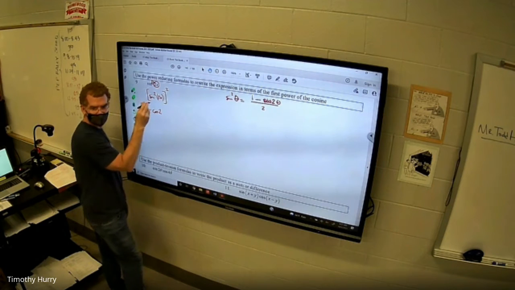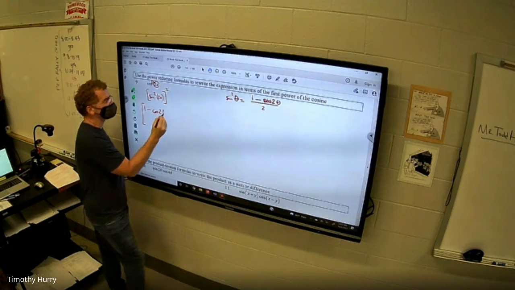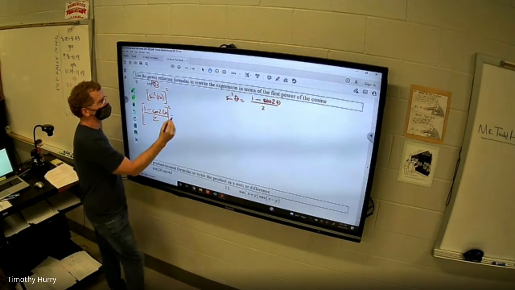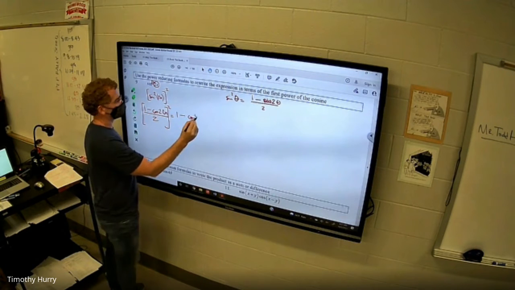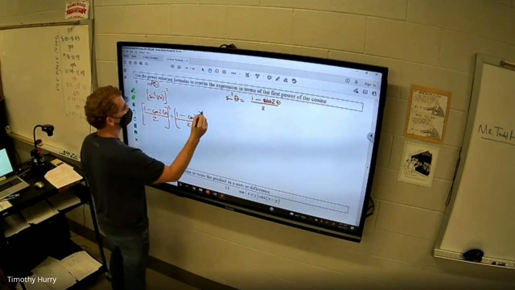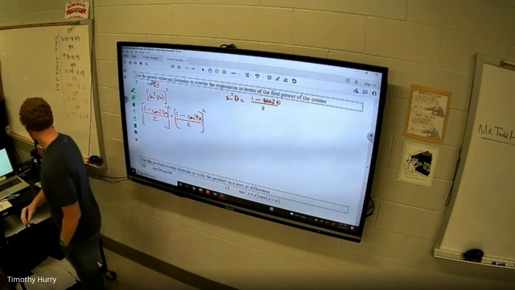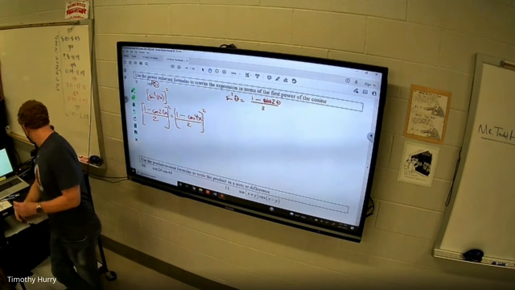What's my theta? So 2 times 2x, all over 2, squared gives me what? 1 minus cosine of 4x over 2, quantity squared. Now, this is a little bit filthy. Anybody got any ideas?